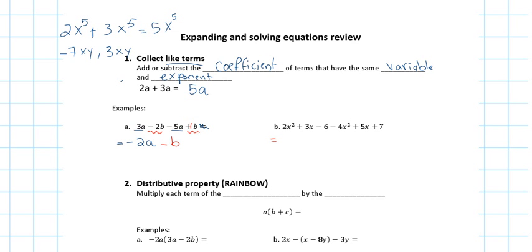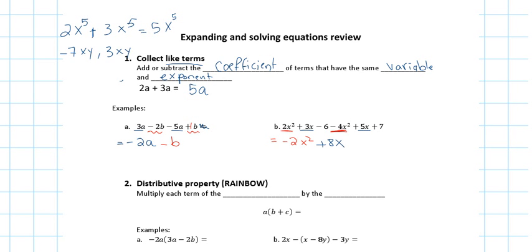So 2x squared minus 4x squared. So I have 2x squared, and I'm taking away 4x squared. What do I get? Minus 2x squared. Okay? Now, where are my other like terms? So I have the 3x and the 5x, which gives me plus 8x.